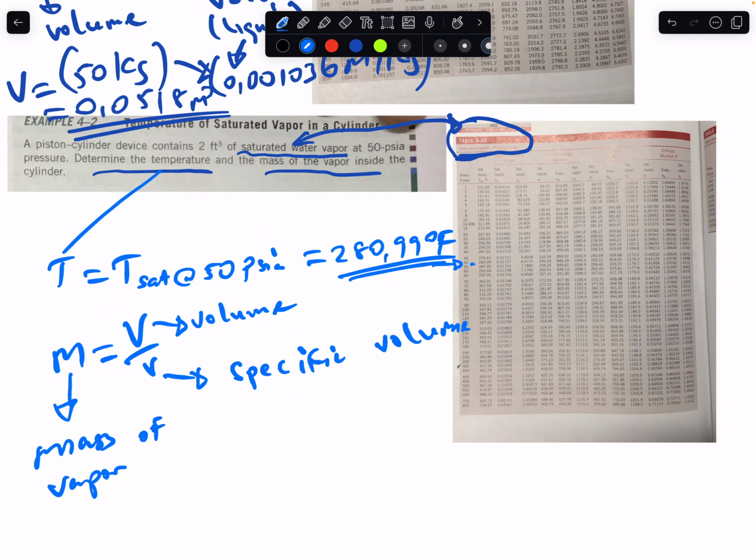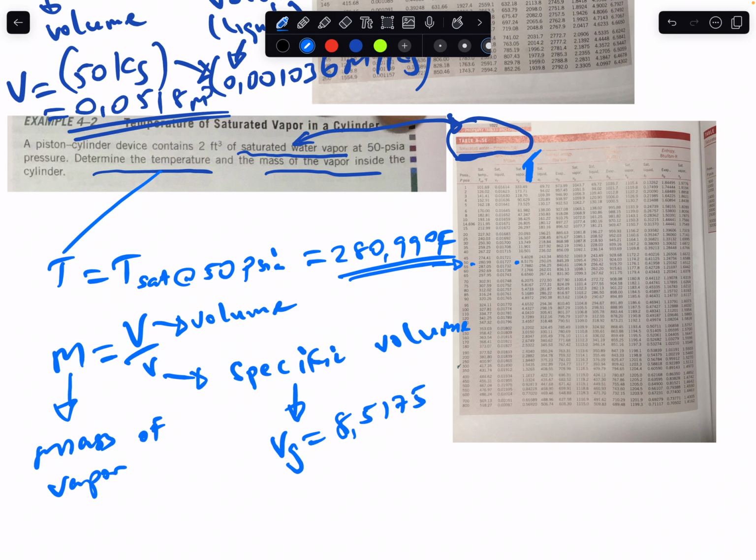We have this section that talks about vapor, saturated vapor, and that is the specific volume. You see Vg, so I come to 50, and when I come here, this is what I have. So the specific volume for vapor at saturation point is 8.5175.